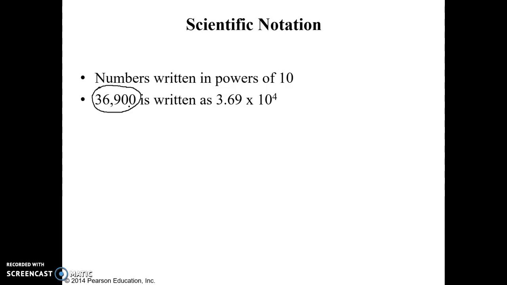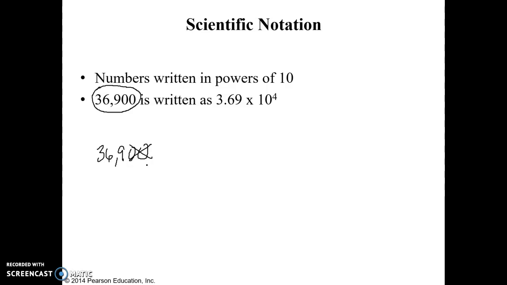If we just write 36,900, then according to our rules of significant figures, these two zeros, with the absence of a decimal point, are non-significant. If we just write it like that, those are not significant. We only have 3 significant figures, but maybe that's not what we mean to say.